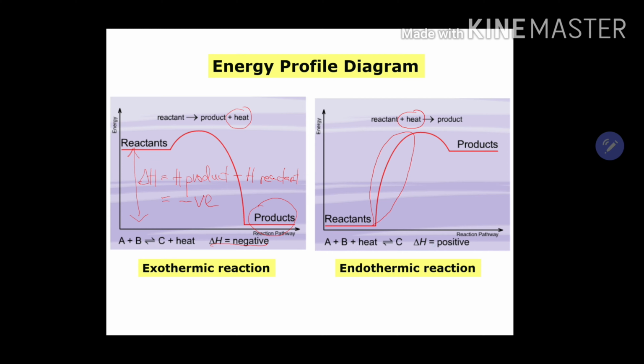The change of enthalpy is positive, because we can see that the enthalpy of product is higher than the enthalpy of reactant. So that's why the value will be positive.